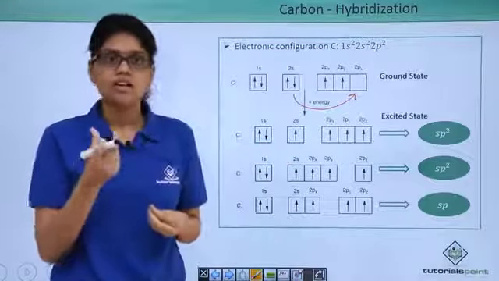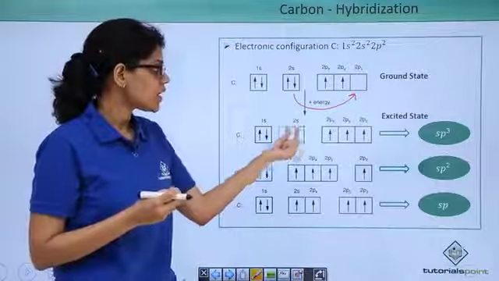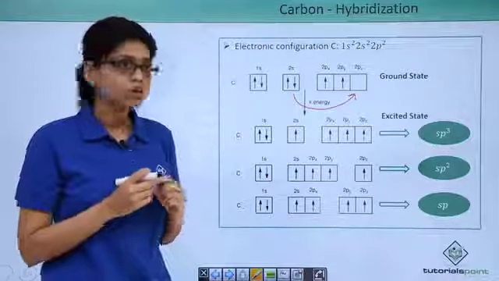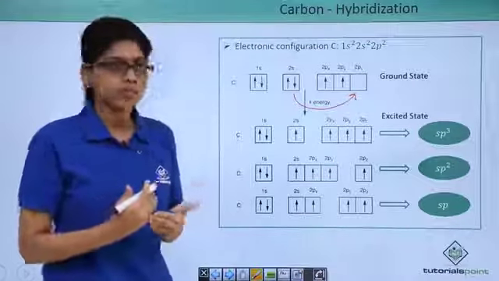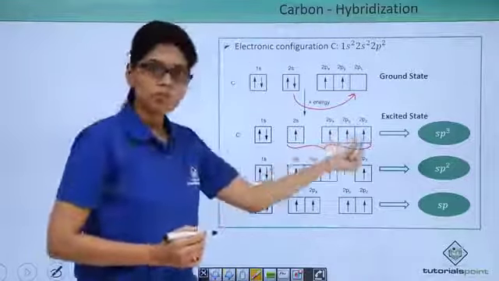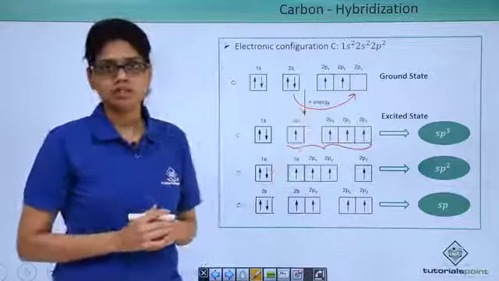The word hybrid essentially means a mixing. Here there are multiple orbitals, and we know that these are all singly occupied. Now there is a possibility of mixing. If s mixes with all the three orbitals 2px, 2py and 2pz, you essentially get sp3 hybrid orbitals.